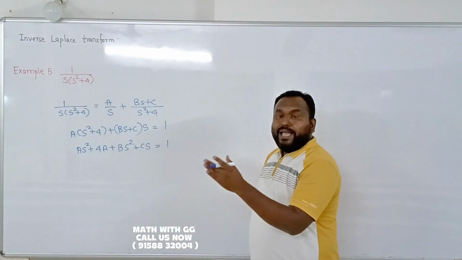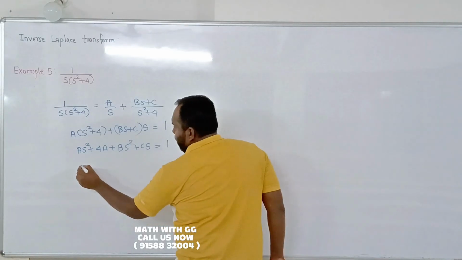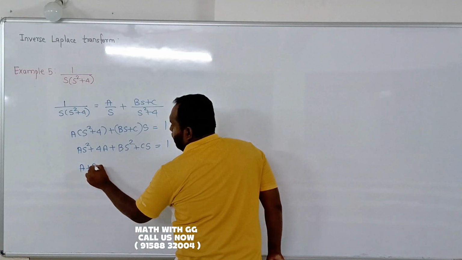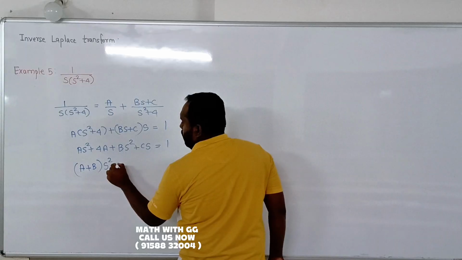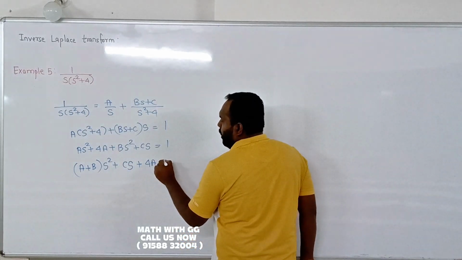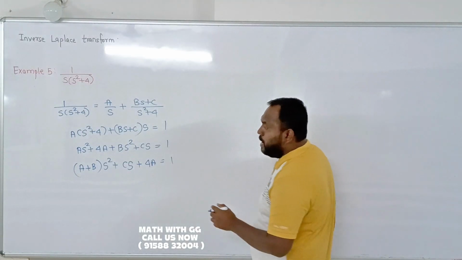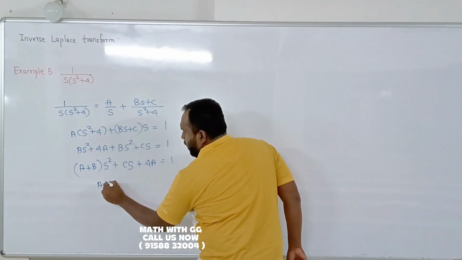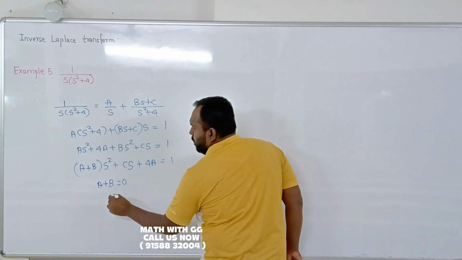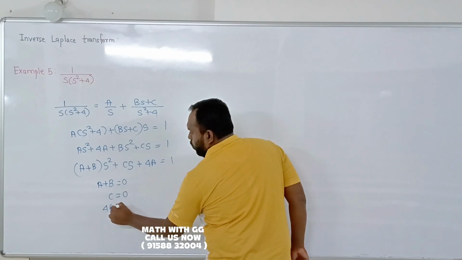Combining the coefficients of s square, s and constant term, we get (a plus b) into s square plus cs plus 4a equal to 1. Now comparing the coefficients of s square, s and constant term, we have a plus b equal to 0, c equal to 0, 4a equal to 1.